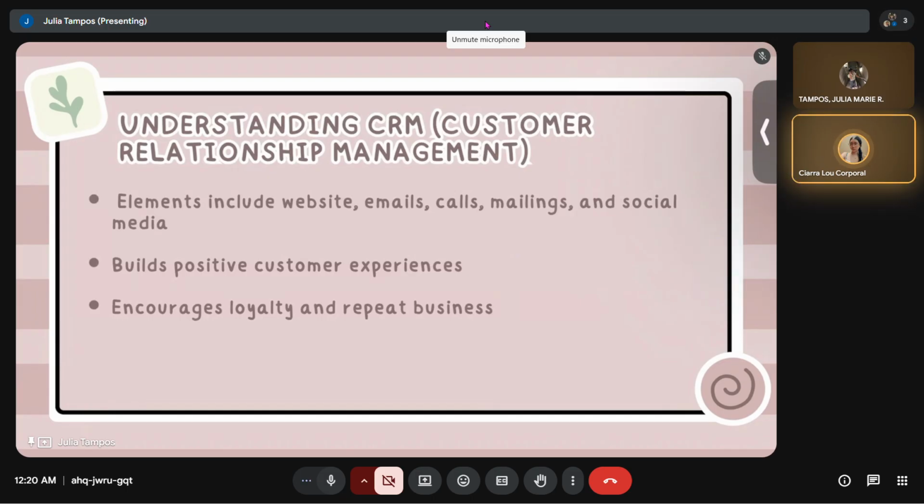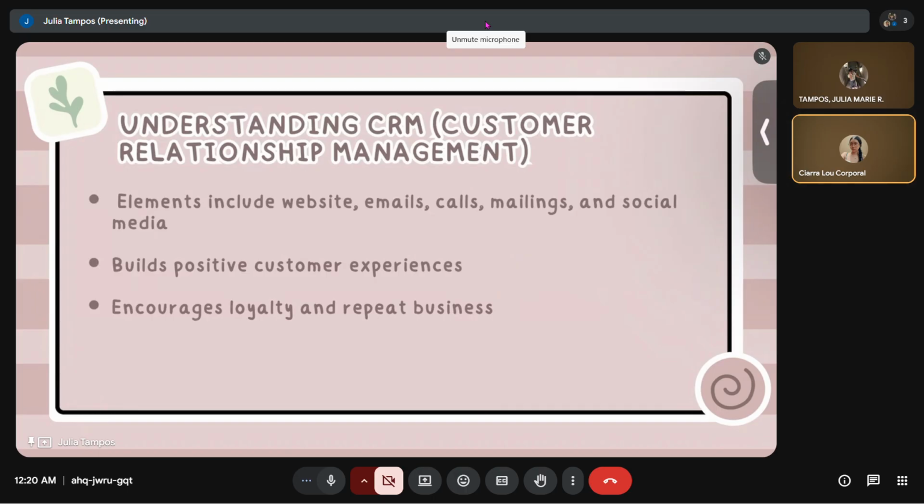So, understanding CRM. CRM covers all ways a business interacts with customers, such as websites, emails, phone calls, messages and mailings, and social media platforms. It helps the business create a positive customer experience, build trust and satisfaction, and encourage loyalty and repeat purchases.